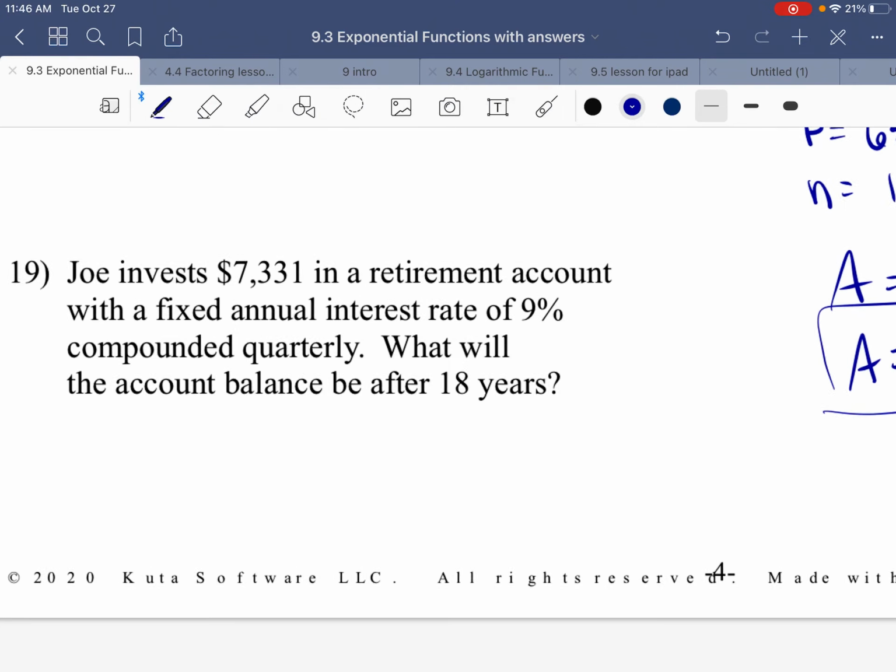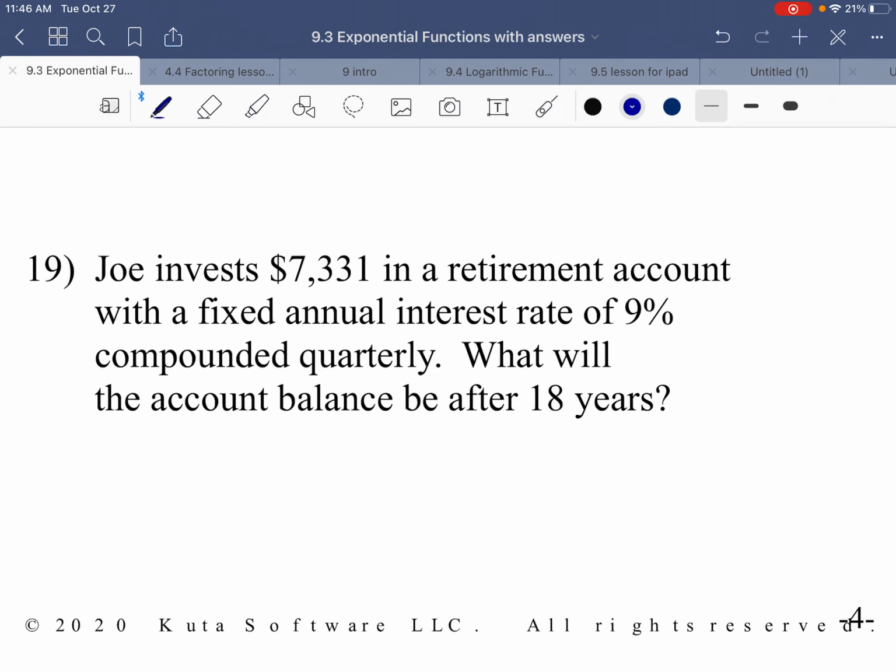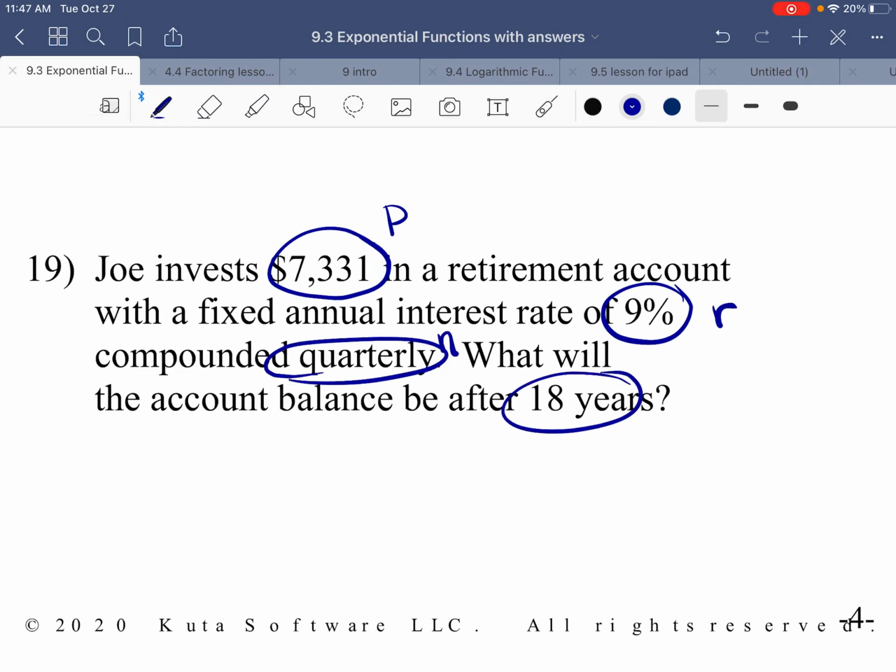So I've got one more just so that we can compare and contrast. Joe invests $7,331 in a retirement account with a fixed annual interest rate of 9% compounded quarterly. What will the account balance be after 18 years? You guys could pause this and answer the question and see if you're right. So let's see. This is going to be the p value. This is going to help us find the r value. This is going to help us with our compounding periods, and this is going to be our time.